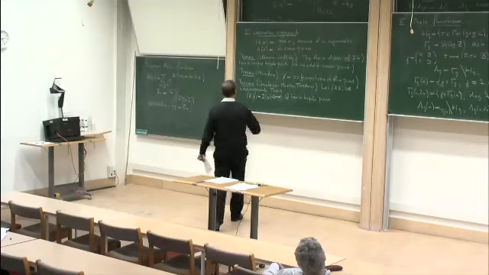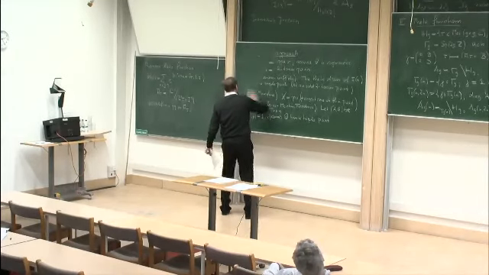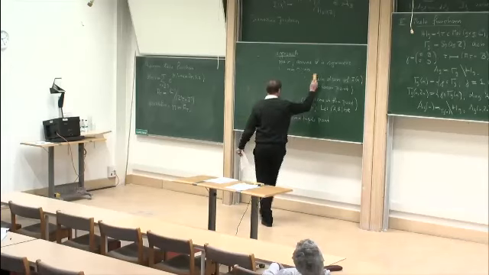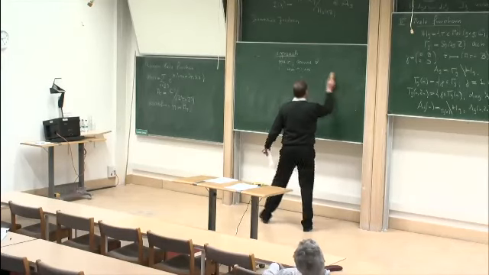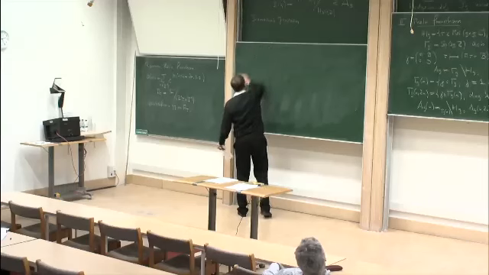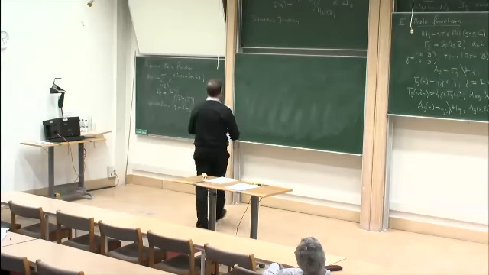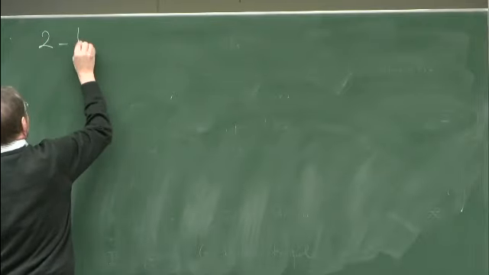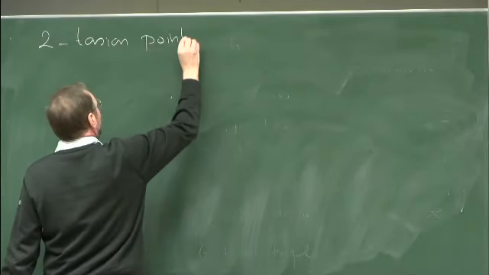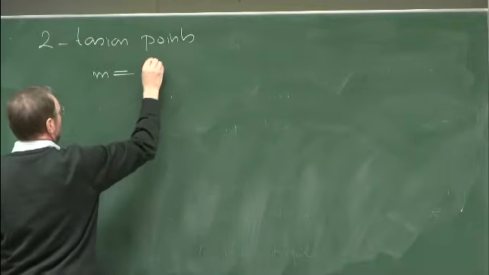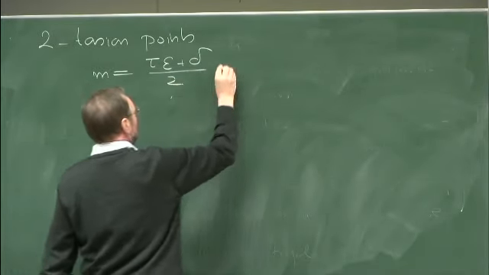And what are the two torsion points? Two torsion points I can write as m = tau epsilon plus delta over 2.